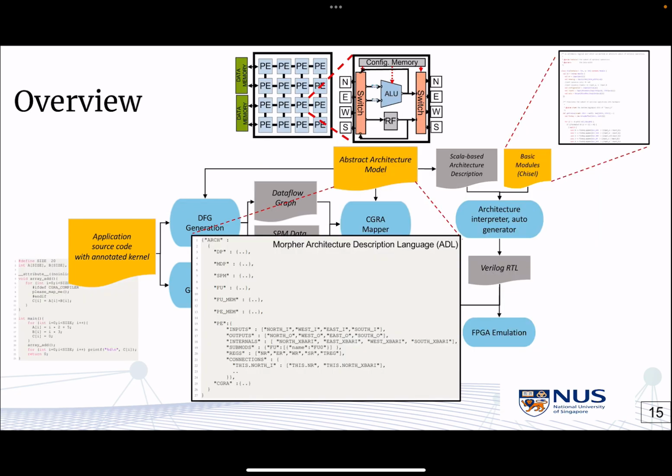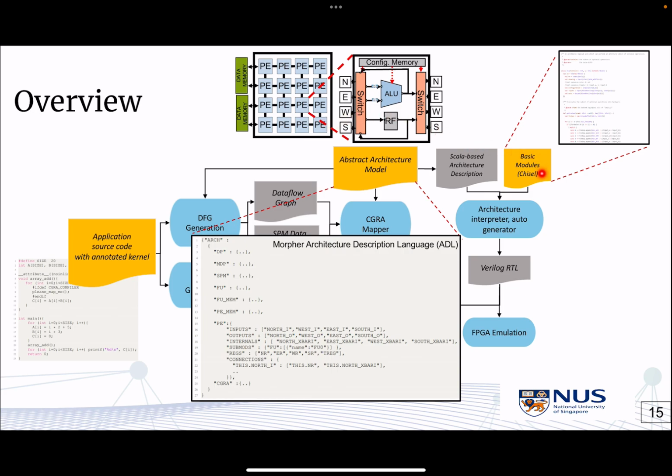The other two inputs are the abstract architecture model. We have developed an architecture description language based on JSON, where users can simply express the connections between basic modules like ALU, register file, and switches in order to design their own architecture, and to connect those processing elements in a way that the user wants.